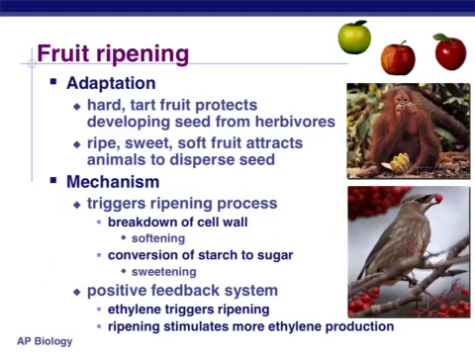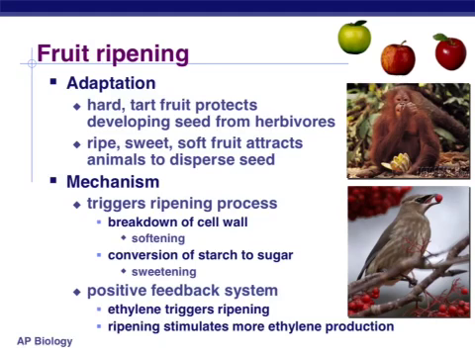Okay, fruit ripening. So the harder the fruit is, the better it does at protecting those seeds, obviously. So initially, while the seeds are still developing, fruits tend to be hard and tart. Tart just means that they're kind of sourish tasting. And that's going to protect your developing seed from things that want to eat them.